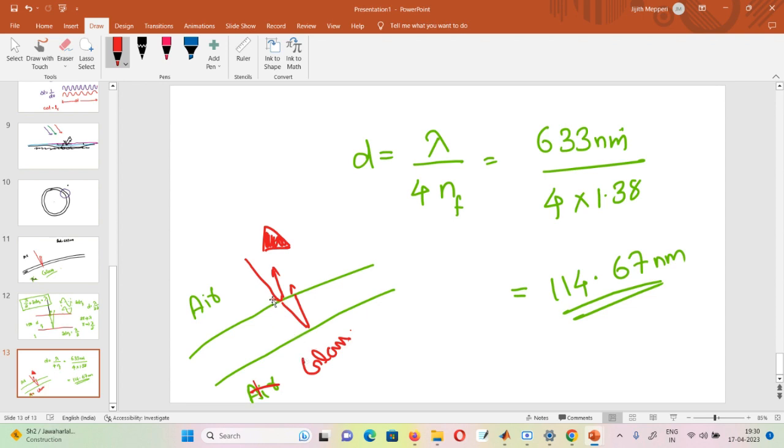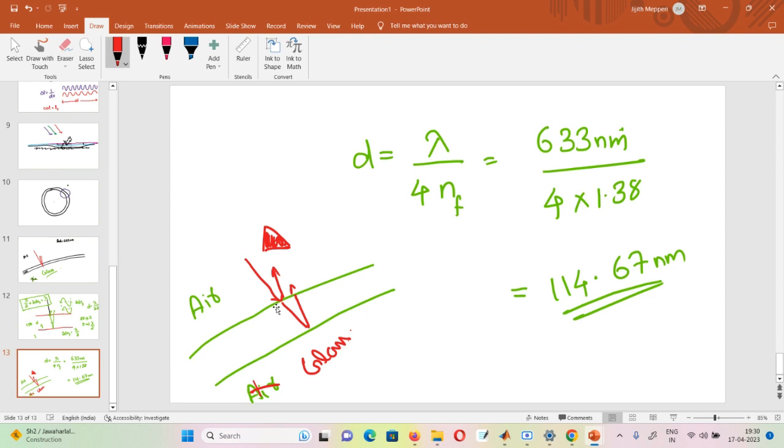In this case, the extra phase difference is happening in the case of air. Only one time, at one portion, you are getting a phase difference, so that's actually extra. If you are getting the same phase difference at both sides, you don't need to consider it, because the two phase differences of pi add together to form a 2 pi phase difference.